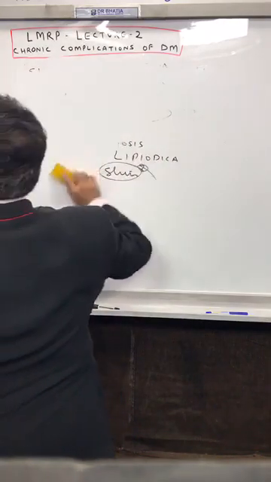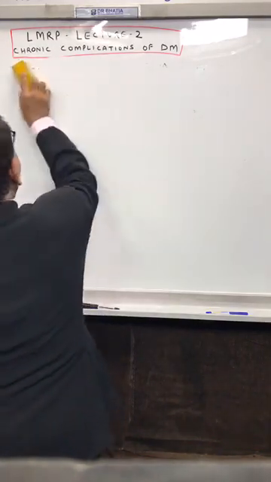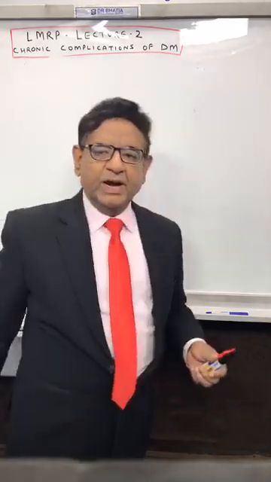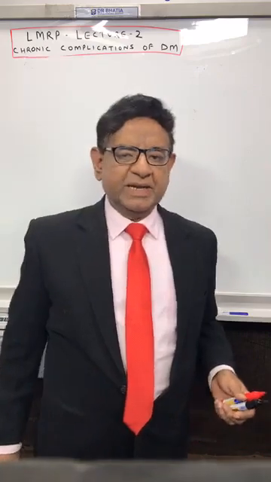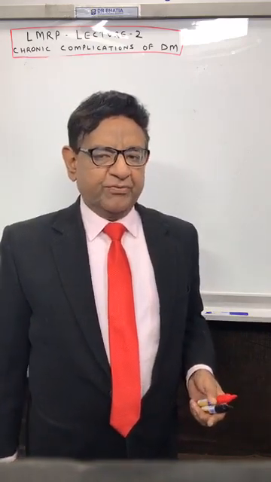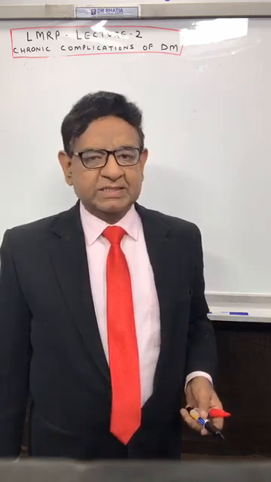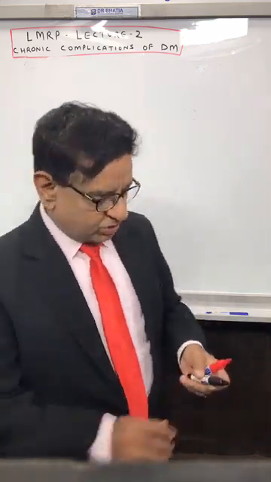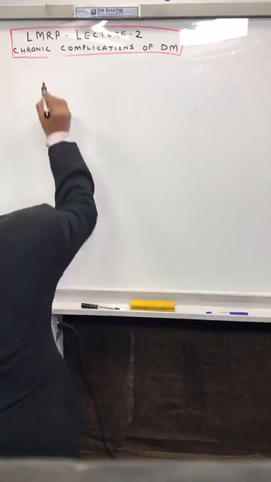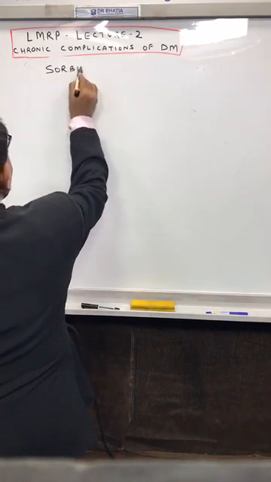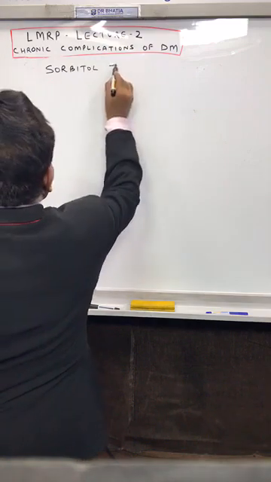Now, let's talk about something extra. In diabetic patients, why and how the complications occur, there are many theories. One of the famous theories is the sorbitol theory. So let's discuss the basic biochemistry of the sorbitol theory.